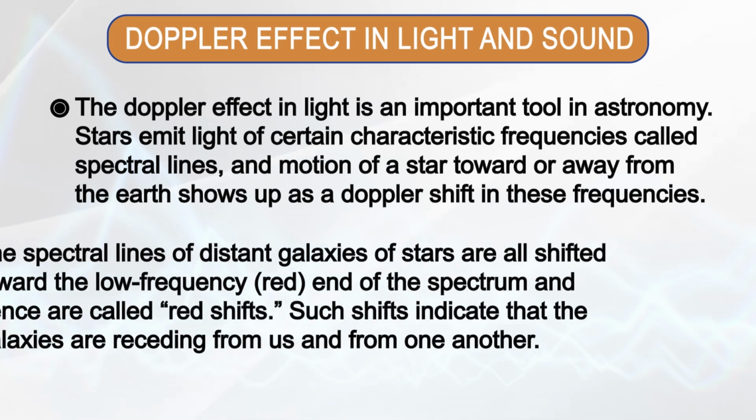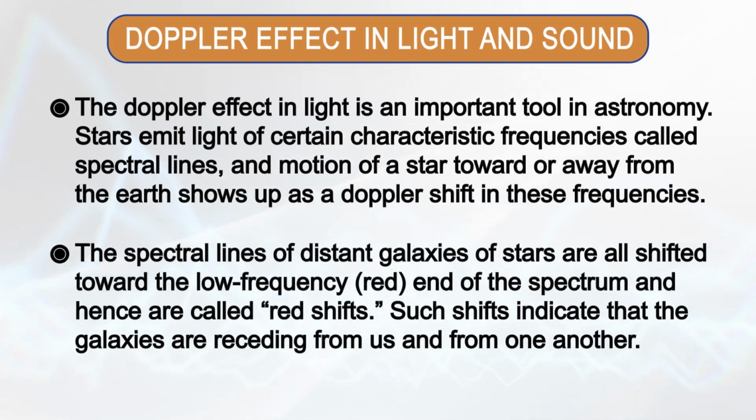The spectral lines of distant galaxies and stars are all shifted toward low frequency. Low frequency means the red color end of the spectrum, and hence this is called red shift, and such shifts indicate that the galaxies are receding from us and from one another.